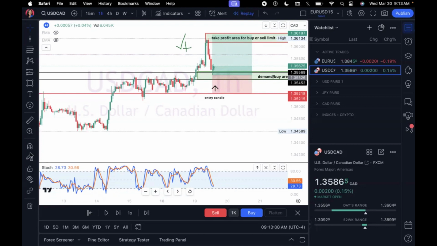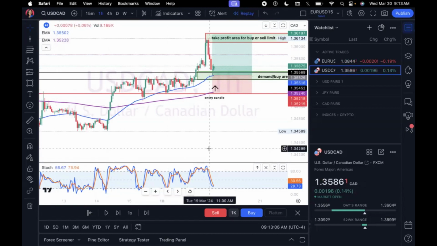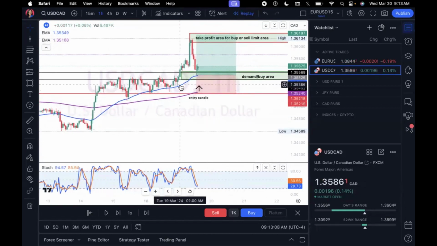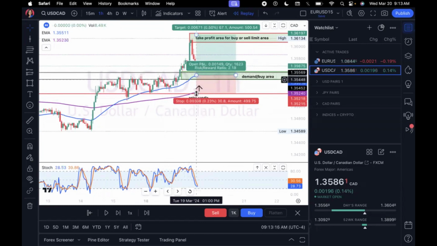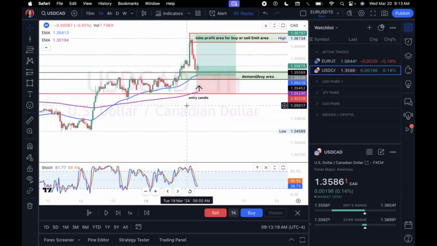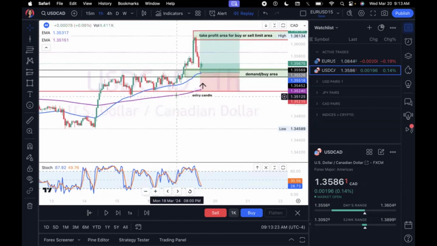Now, I do have other indicators that I use on my chart, but sometimes I just turn them off so my chart is not too crowded. But the two other indicators that I have here, as you can see, are my 50 EMA, which is blue, and my 200 EMA, which is purple. Now, again, usually the closer the candles are to the EMA, this can let you know that a trend is about to start or a reversal is about to happen.